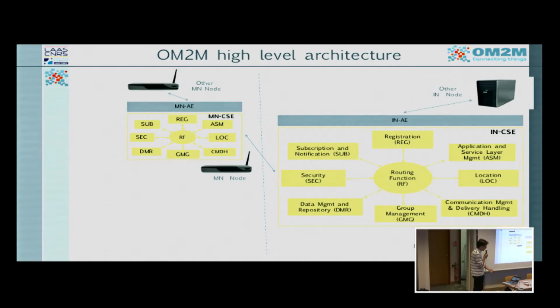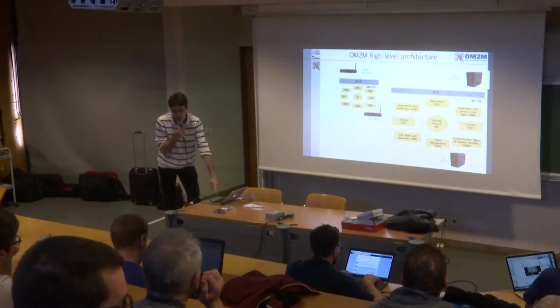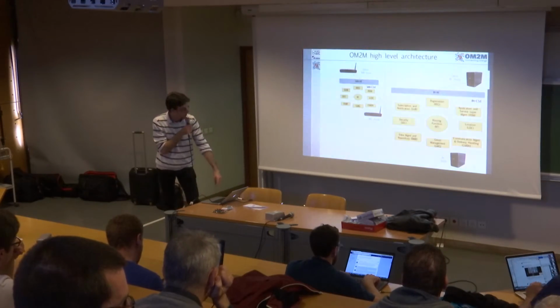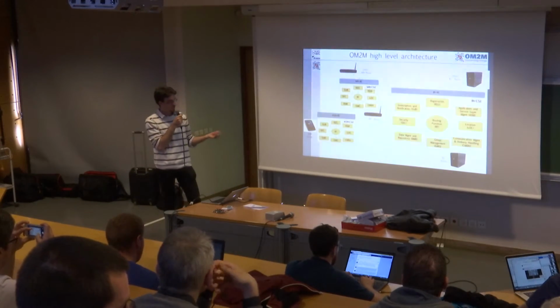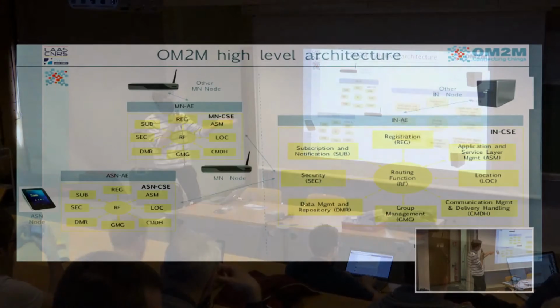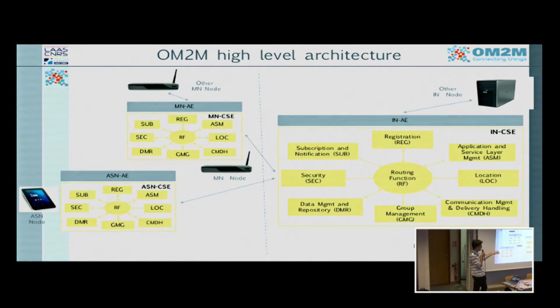And those gateways will interact with devices, and also you have other systems that have enough power to interact with middle nodes or with the infrastructure node, that will be able to exchange data with the standard APIs.